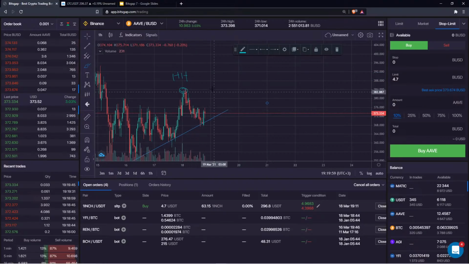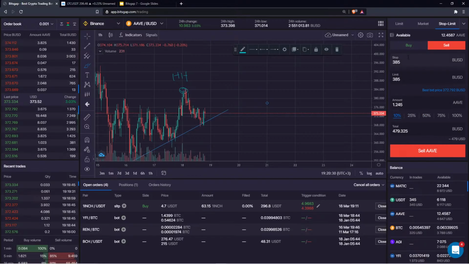So you want to see the price breach this point, and only after it breaches this point, you will enter the market. So how to do this? You set the buy stop at this breach level. Let's set it at 385, and let's set the limit buy also at this point. Okay, and let's say 10%.